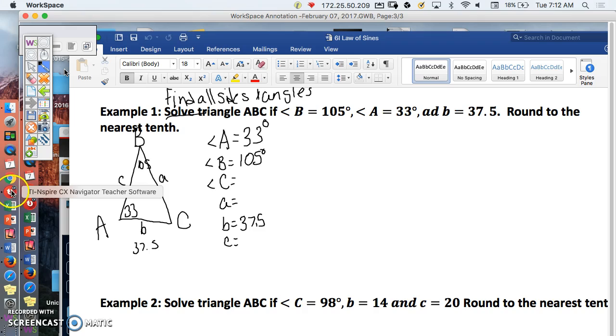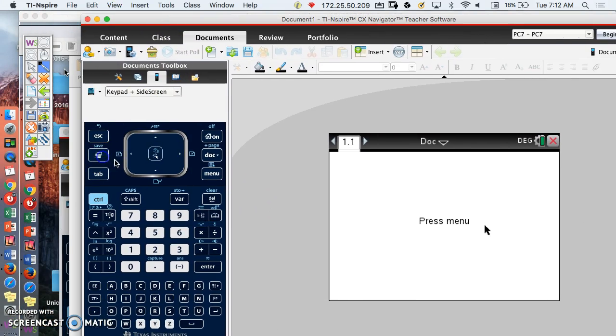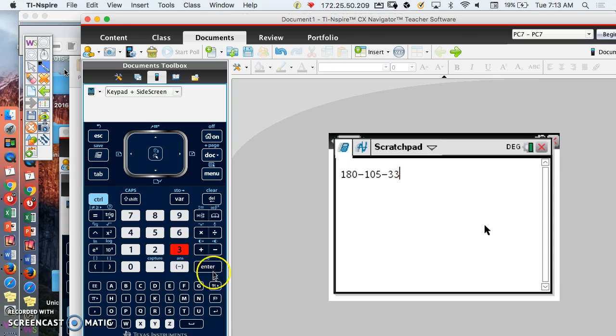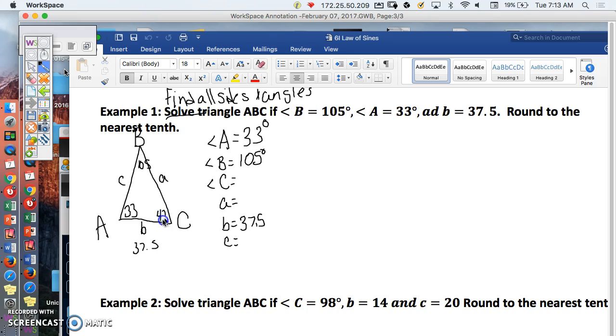Well, we know there's 180 in a triangle, so we can just go to our calculator here and say 180 minus 105 minus 33. And we have our last angle is 42 right here. So we know that's 42 degrees.